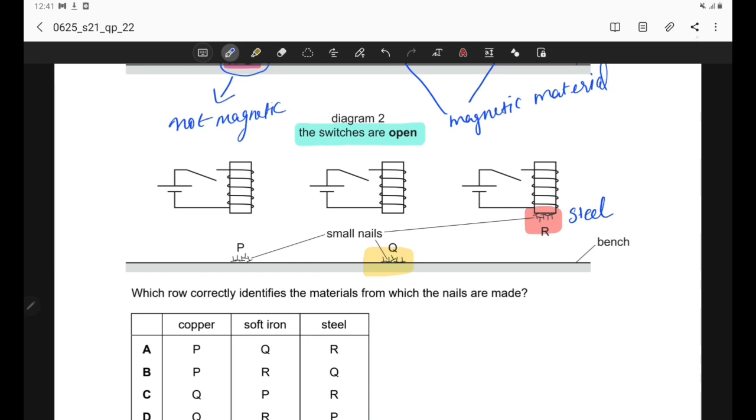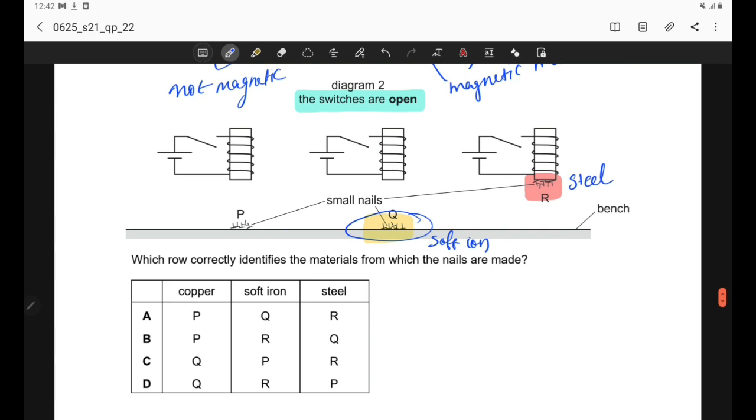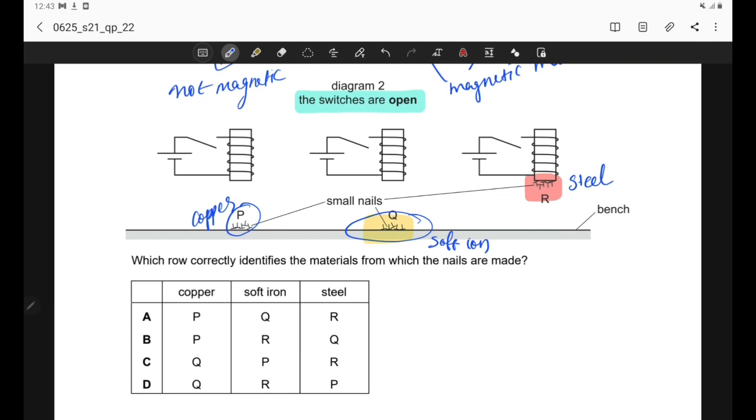So this material should be soft iron. Therefore, we can conclude Q is soft iron. And we have already seen in diagram 1 itself, P is not at all a magnetic material, because it's not getting attracted. So, P must be copper. Therefore, the correct answer is option A.